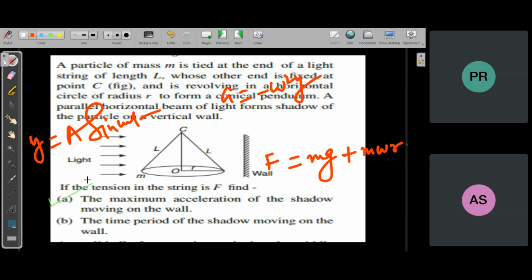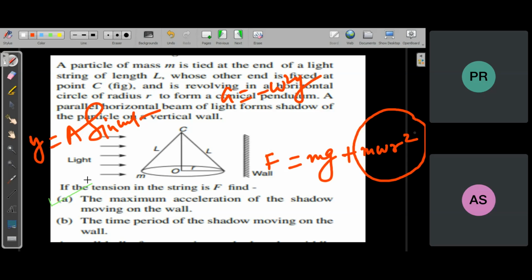M omega r square, sir? Or m omega square r. M omega square r, sir. The free body diagram. How did this term m omega r square come?